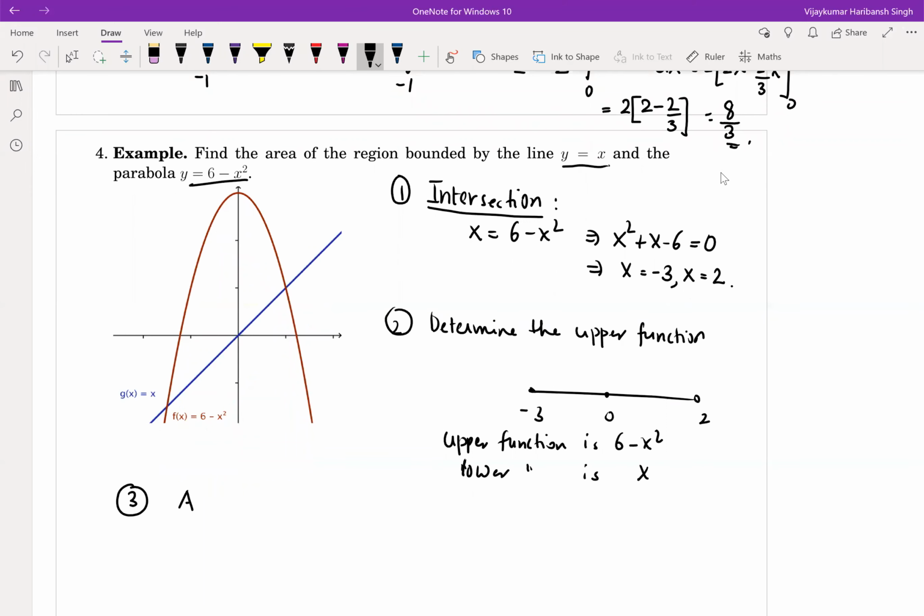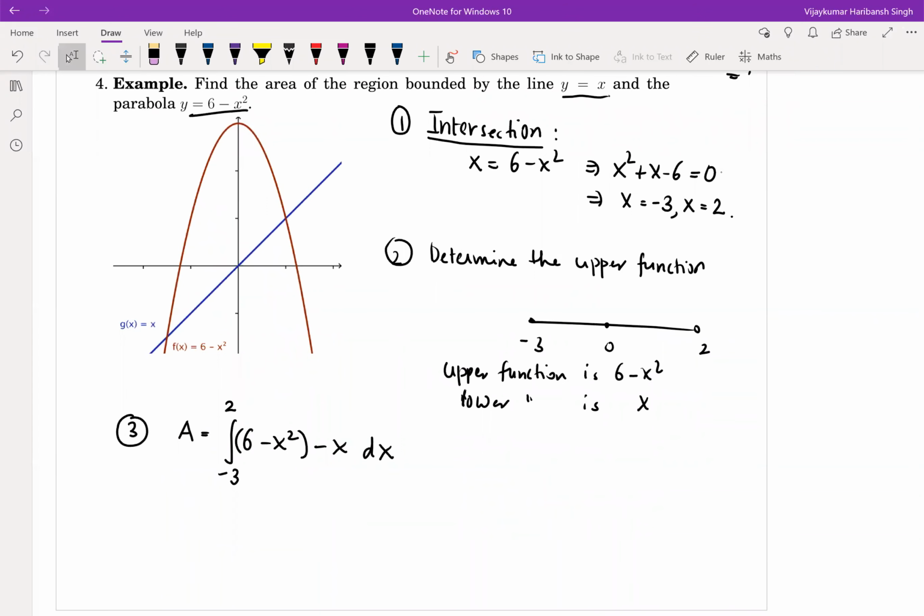So now let's write down the integral which computes the area. The area is going to be the integral from -3 to 2 of 6 minus x squared, the upper function, minus the lower function x. Now we want to compute this integral. So how do we go about it? This can be written as [6x minus x cubed by 3 minus x squared by 2] from -3 to 2.